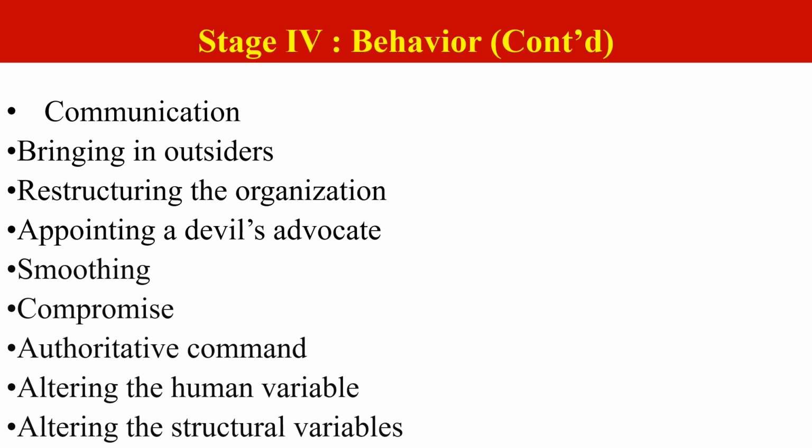Devil's advocate is a person or team that defends the rival point of view. Devil's advocate is also called the red team. Then there is smoothing. Smoothing is removing the friction in the organization for the resolution of the conflict. Then compromise, this is self-evident, authoritative command, altering the human variable and altering the structural variables.